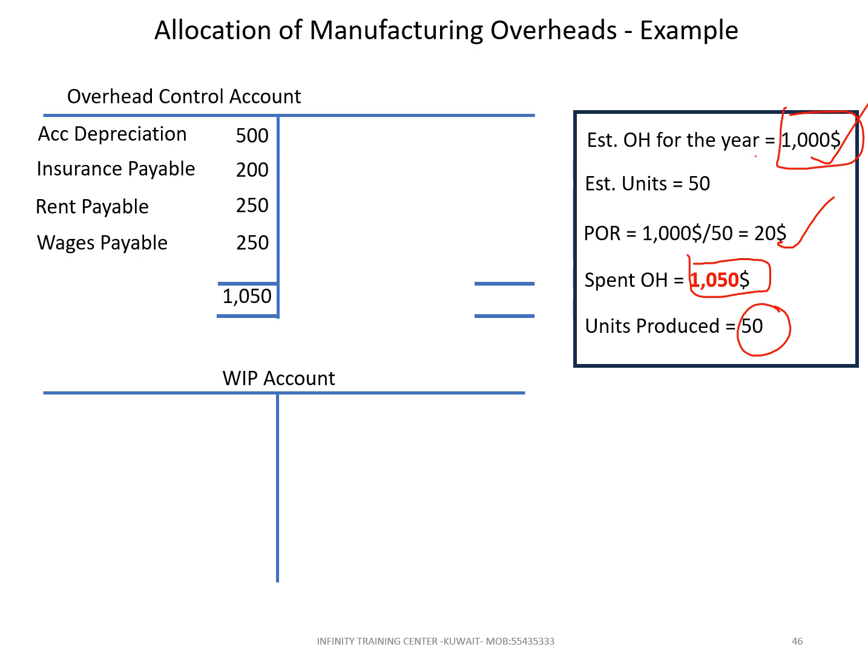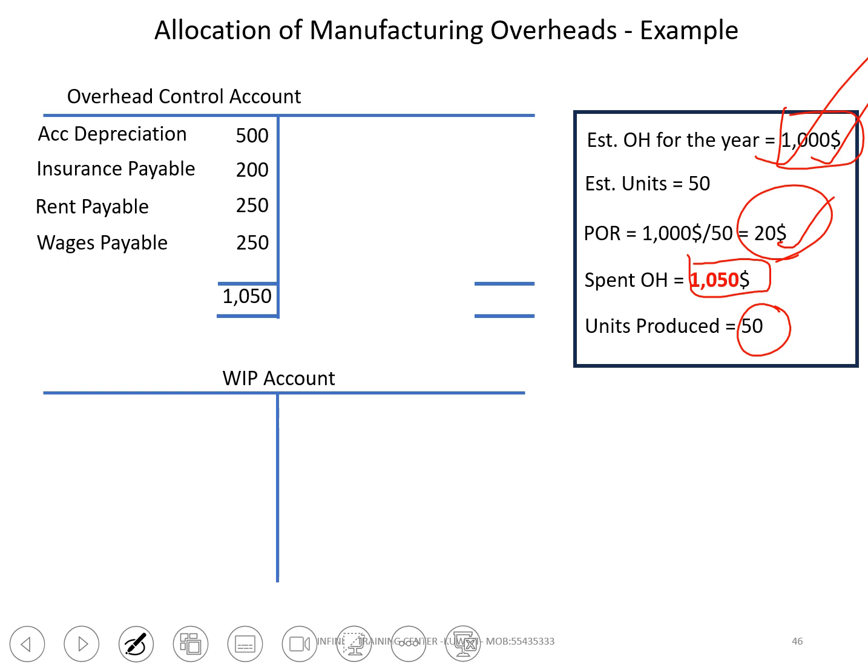But what was your estimation? It was only $1,000. And how are you going to allocate this $1,000 cost to work in progress? Whenever you make one unit, you will add this $20 to work in progress. That's what your POR is, right? So when you produce 50 units, for every unit you produce you add $20.